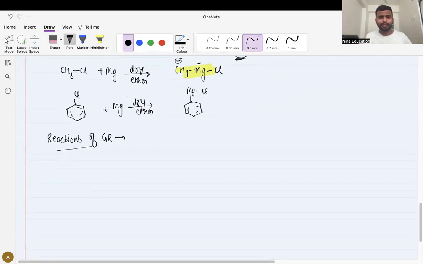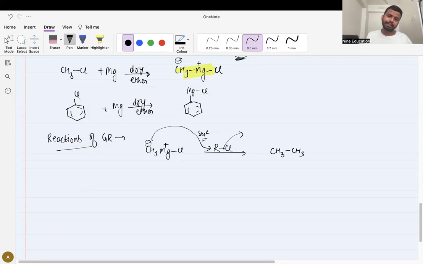Let's say I have CH3MgCl and I put in this reaction alkyl halide. So this CH3 negative will be there. It will go and give a backside attack SN2. It can go and give a backside attack and remove Cl minus. है ना? So यहाँ पर ये CH3 it can make.